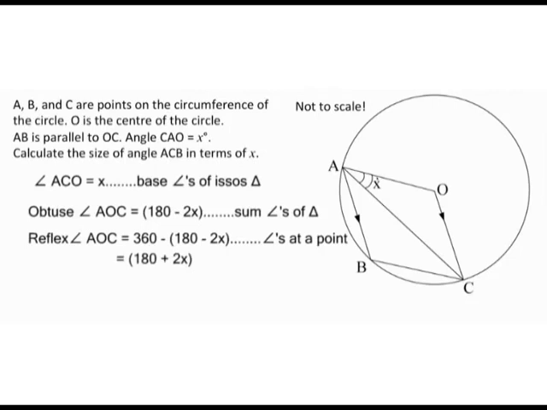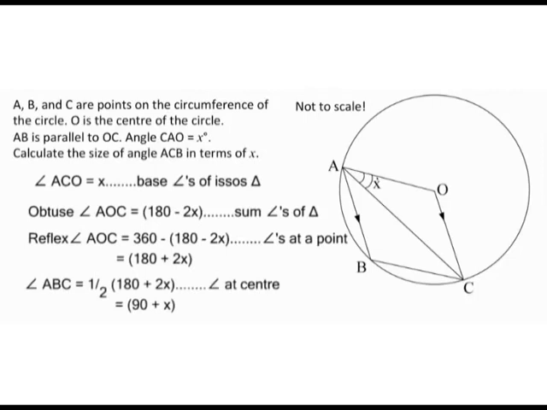Now, the chord AC has subtended the reflex angle AOC, the outside angle, at the center. And the same chord has subtended the angle ABC on the circumference. The angle at the circumference is half that at the center. And so we have a half times (180 plus 2x), and that gives us 90 plus x.